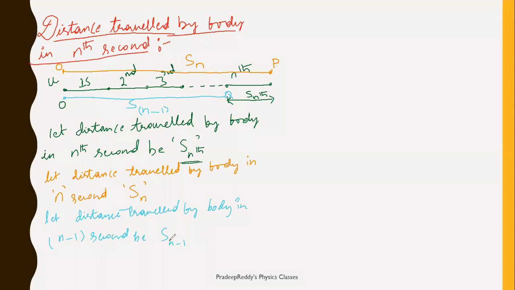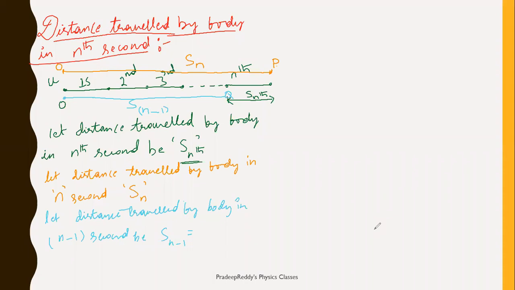So these are the things which we should note down. Total distance traveled by the body is Sn, distance traveled in the nth second is Snth, and distance traveled in n minus 1 second I am writing as Sn minus 1. We have already learned the equations of motion.